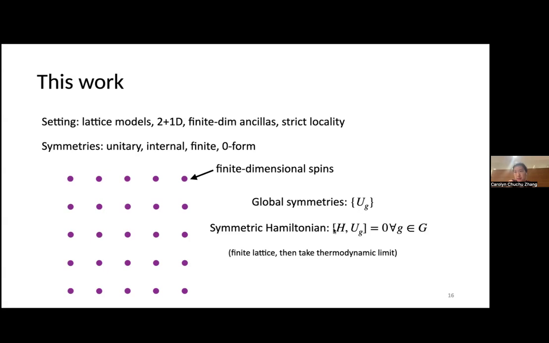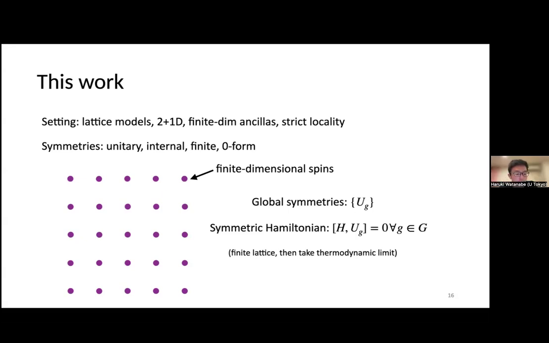You might still ask, what in general am I allowed to call a symmetry? That is different in different communities. But what you might want, for example, is for every element of the group to be locality preserving. But then that would rule out spatial symmetry. So it really depends on what you want to get out of a symmetry, what you define as a symmetry. In this work, we're going to just work with finite group symmetries where every group element is locality preserving.